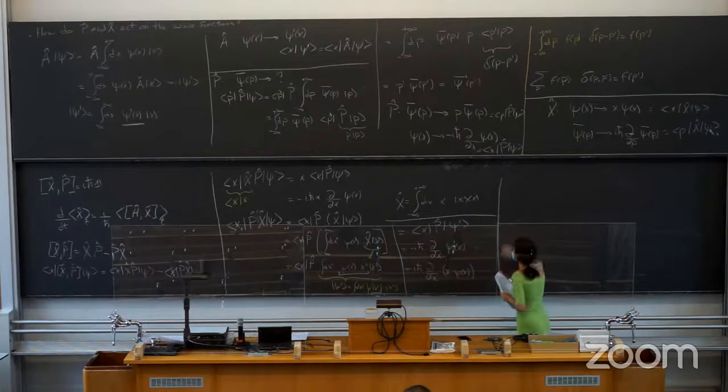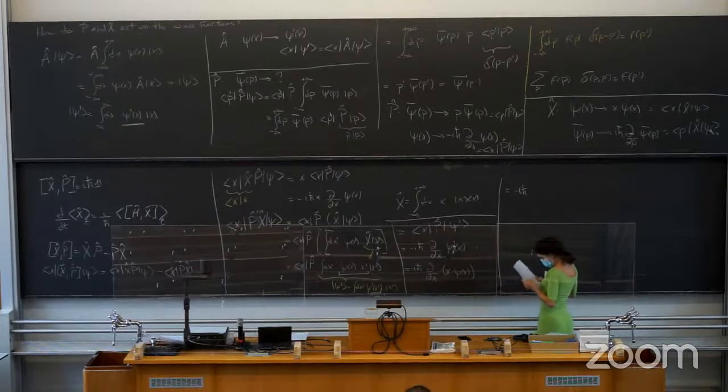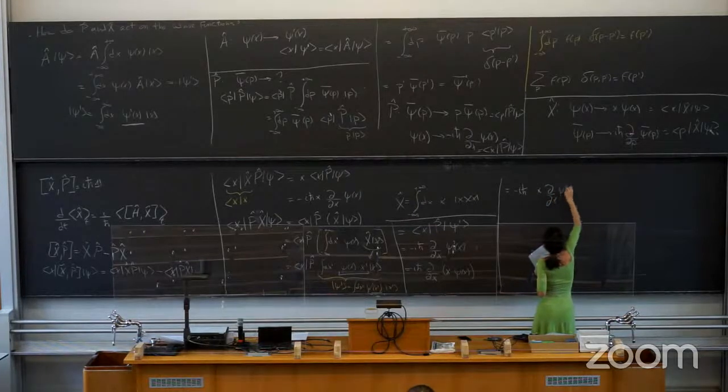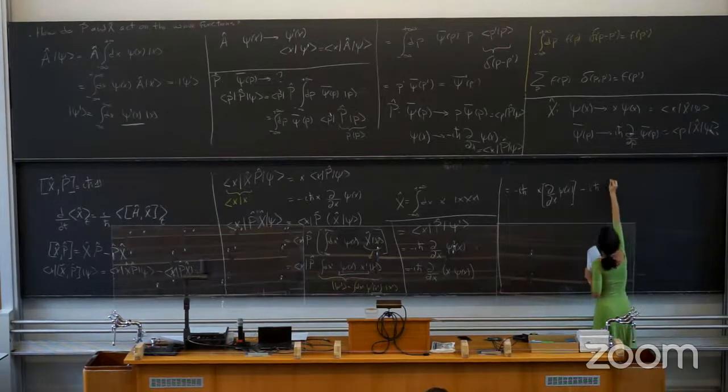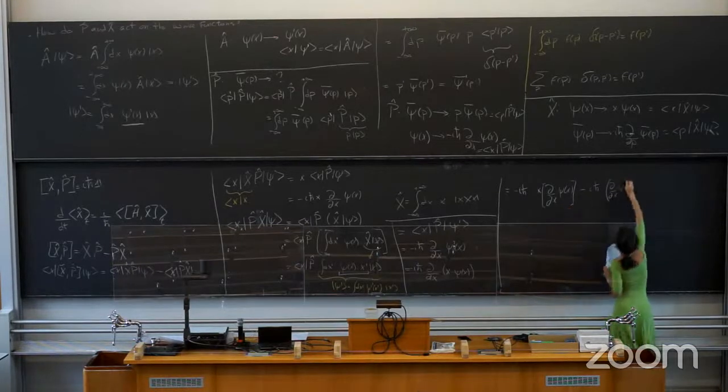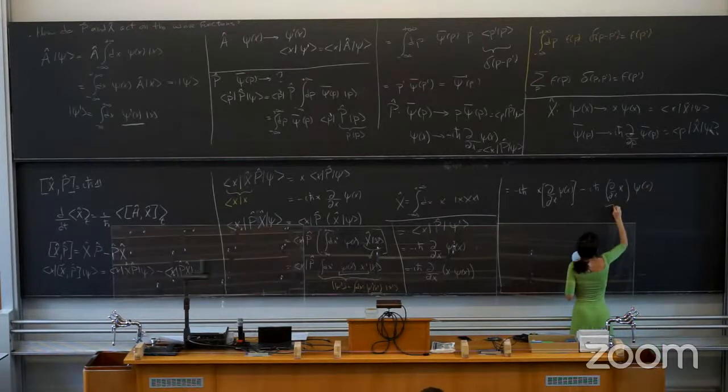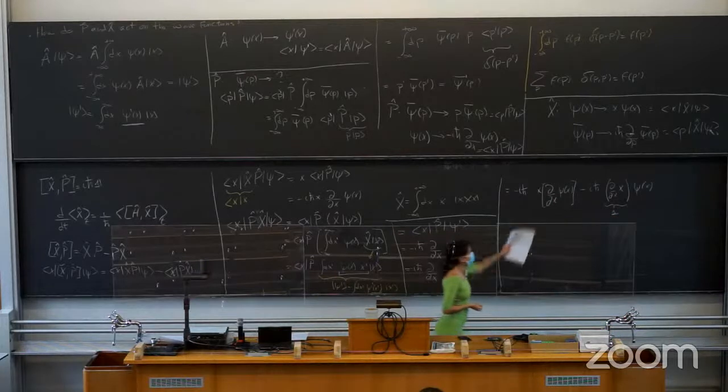So we have minus i h bar, and then, let's see what order I did it, the first one times the derivative of the second, plus the second term, minus i h bar, the derivative of the first times the second. This is 1, right? Just deriving X. So I have these two terms. Okay?